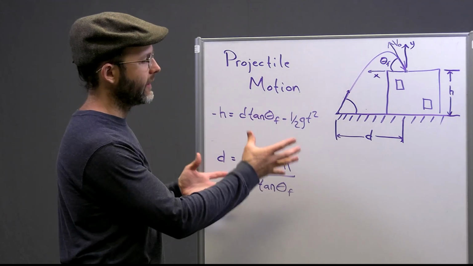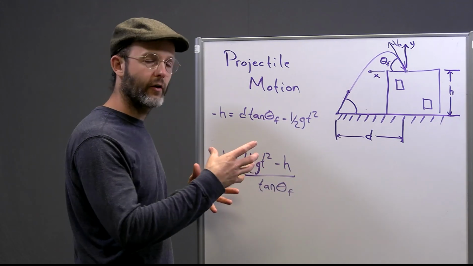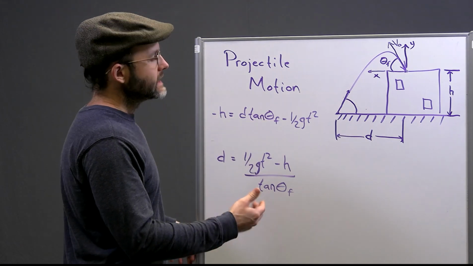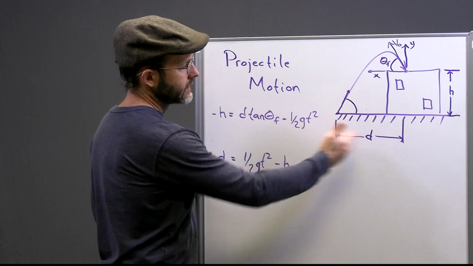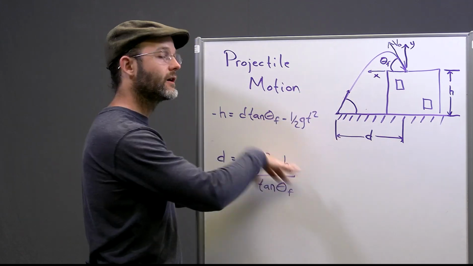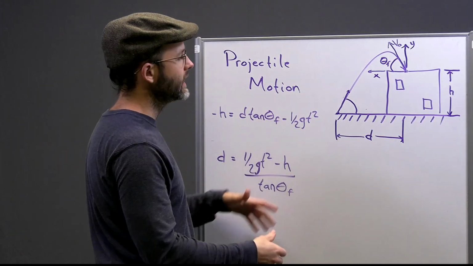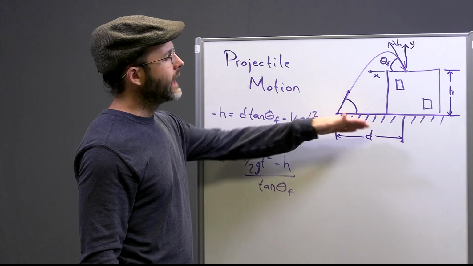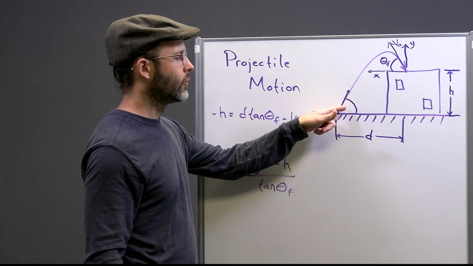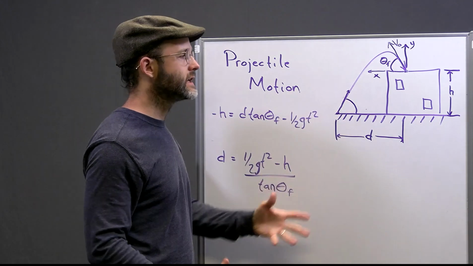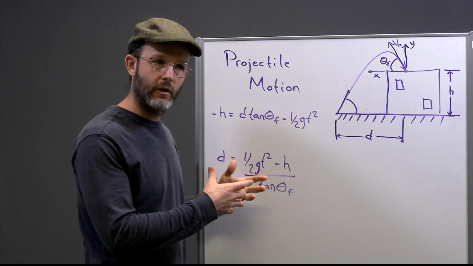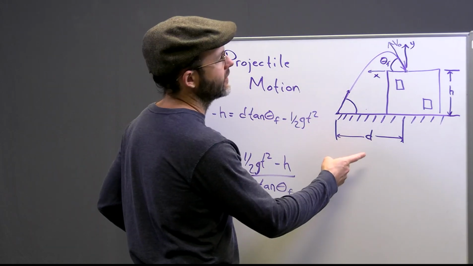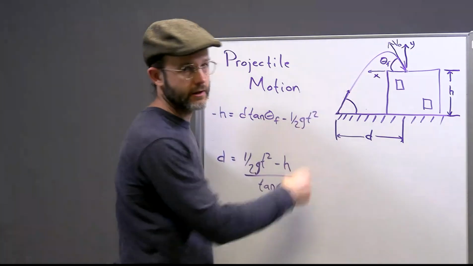What's unique about this and what I would like to be taken away from this is that if you ever encounter a problem in classical mechanics, whether it's projectile motion or otherwise, and you are asked to solve for something and you're not given initial conditions that you are familiar with, ask yourself, are there enough final conditions?